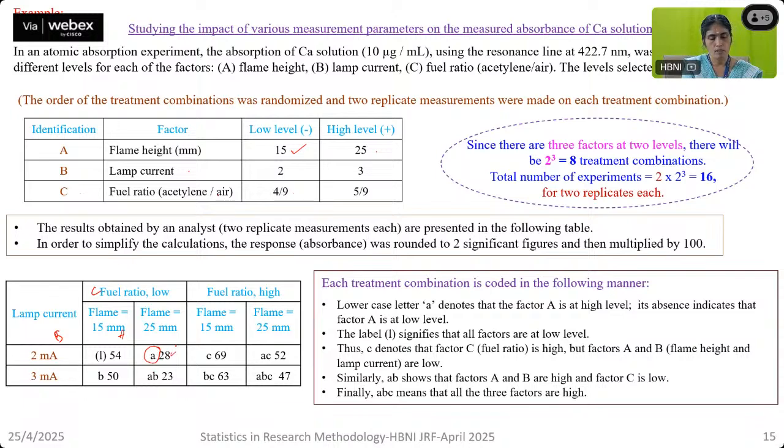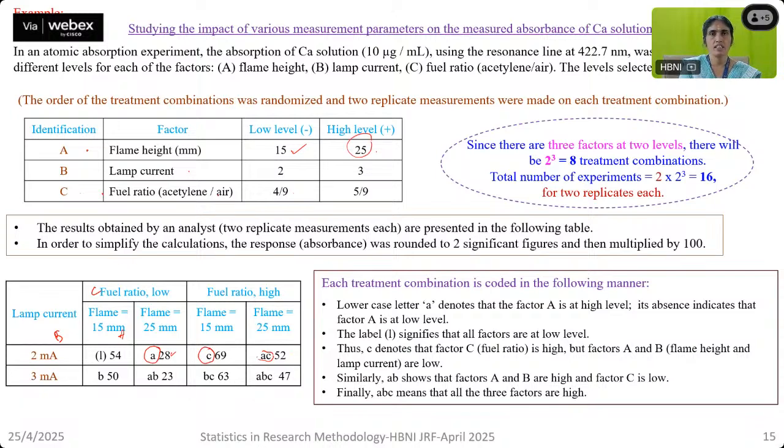The absorbance measured is multiplied by 100 in order to show it in the table. Here c indicates that the C factor, the fuel ratio, is high, and the other factors are low. When I say ac, it indicates that the flame height as well as fuel ratio, A and C, are both in their higher value.